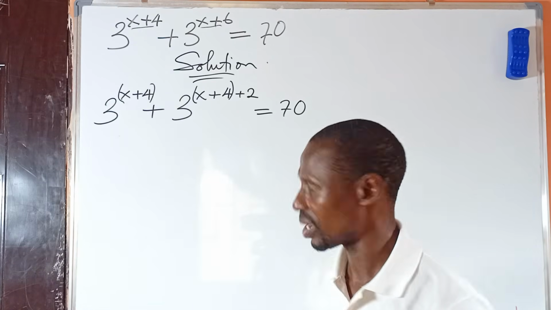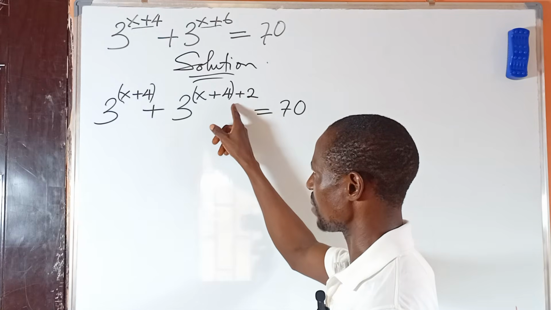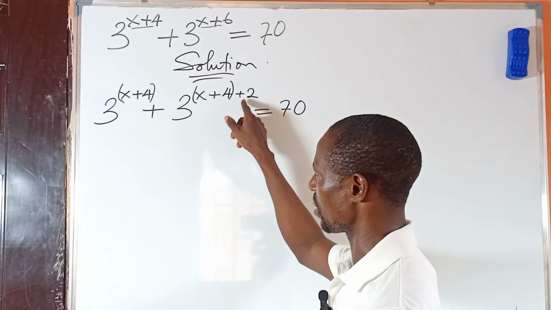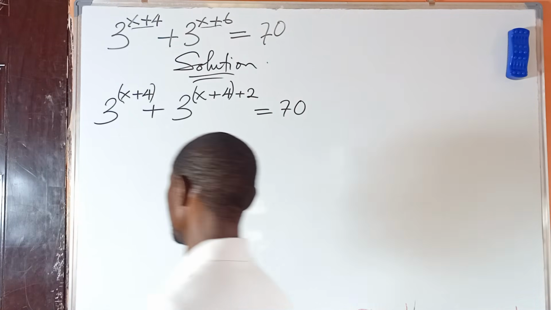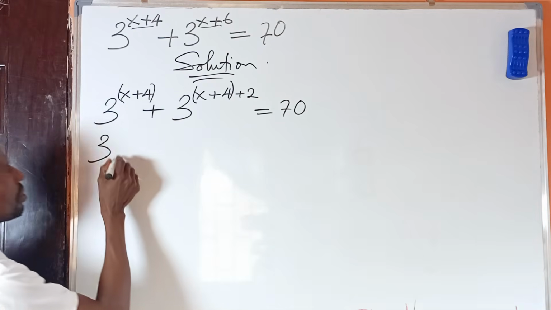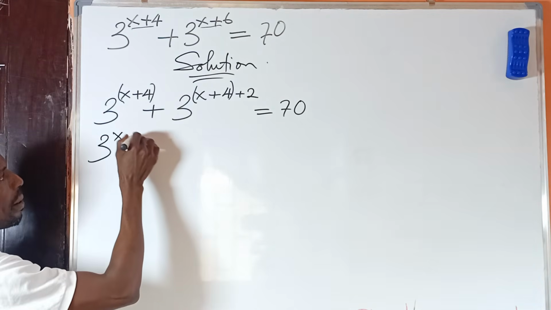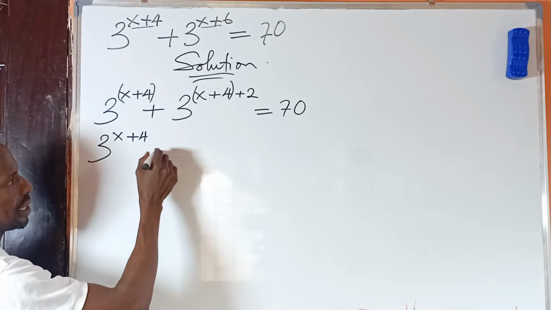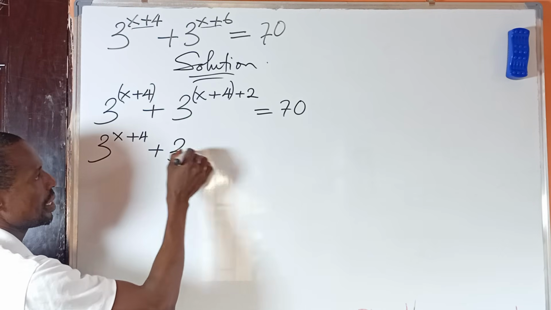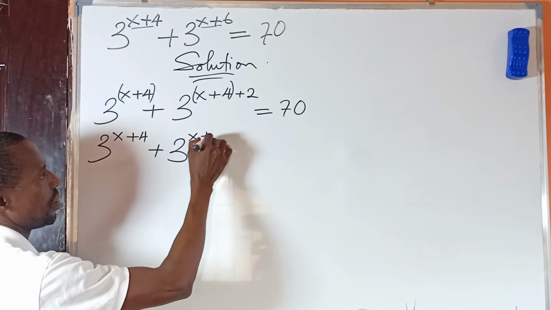But before we can factor out this quantity, we just have to rewrite this part here because of the presence of this. So this is going to give us 3 to the power of x plus 4, plus 3 to the power of x plus 4.